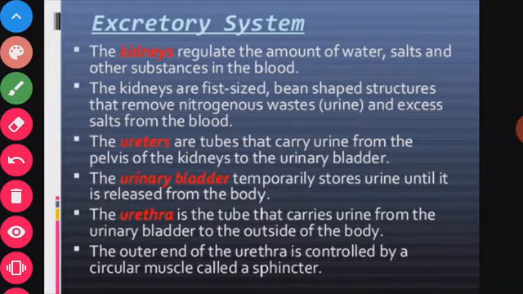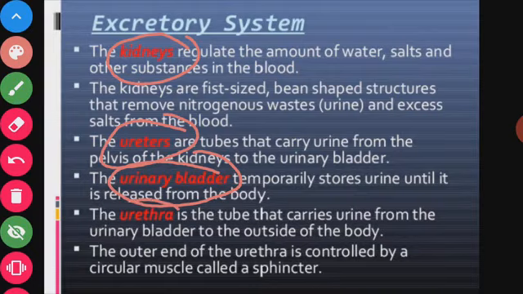The excretory system consists of four main parts. First, kidneys. Second, ureters. Third, urinary bladder. Fourth, urethra. Each kidney contains about 1 million tiny filters called nephrons.